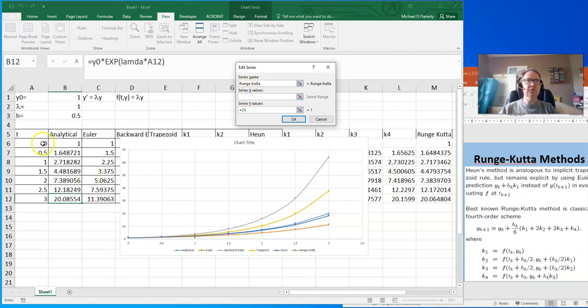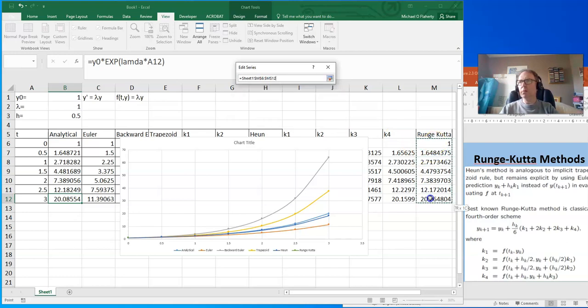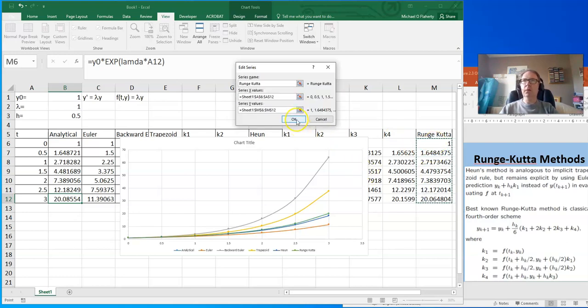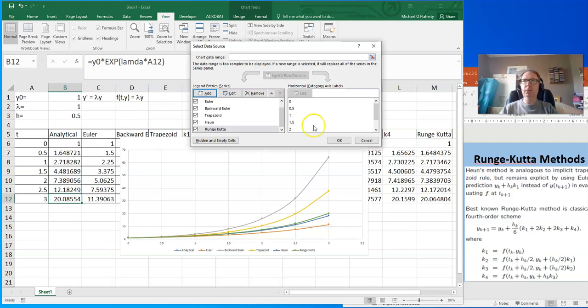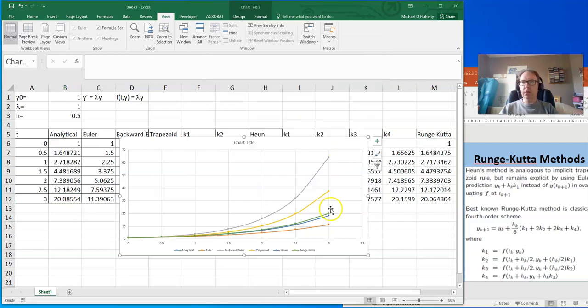My x values, which are here, and delete this and select your y values. And okay that. So apparently this green line, which previously was the analytical, is now Runge-Kutta. We can't distinguish between them.